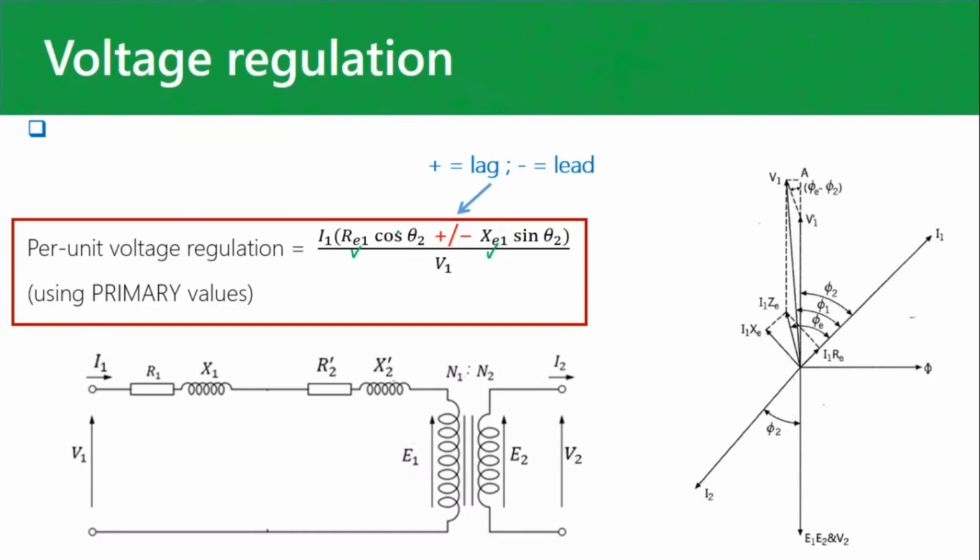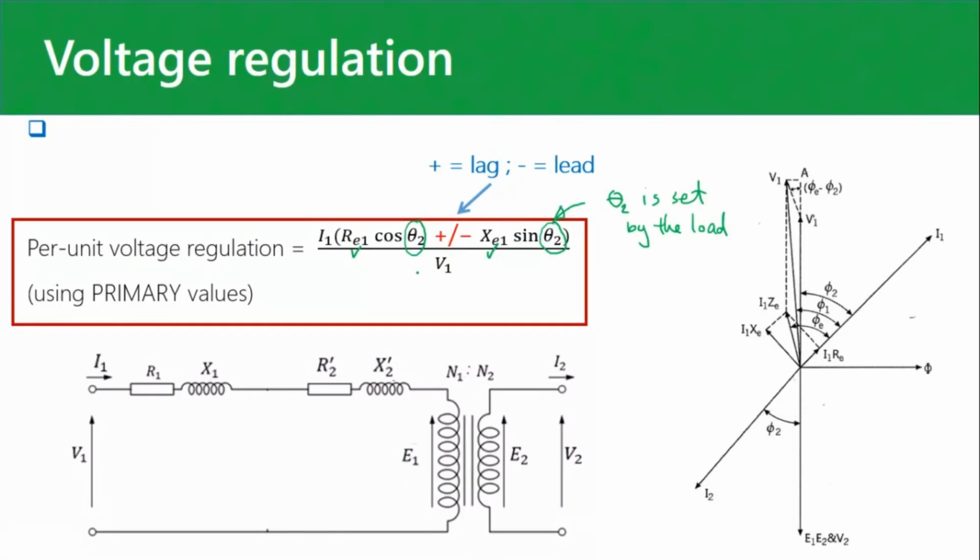Although we've referred to the primary, this angle, phi 2, which I'm showing as theta 2, is set by the load. So it doesn't matter that we're using primary values. We always use the angle in the secondary.